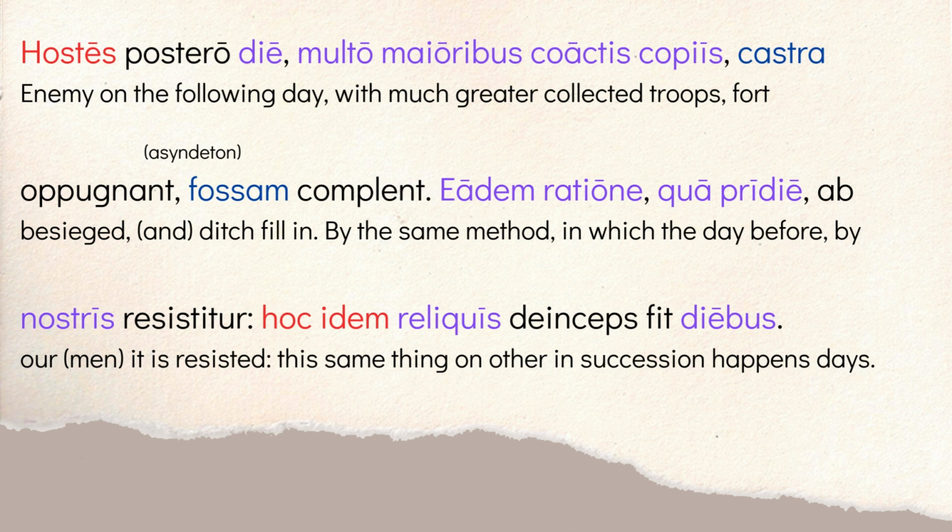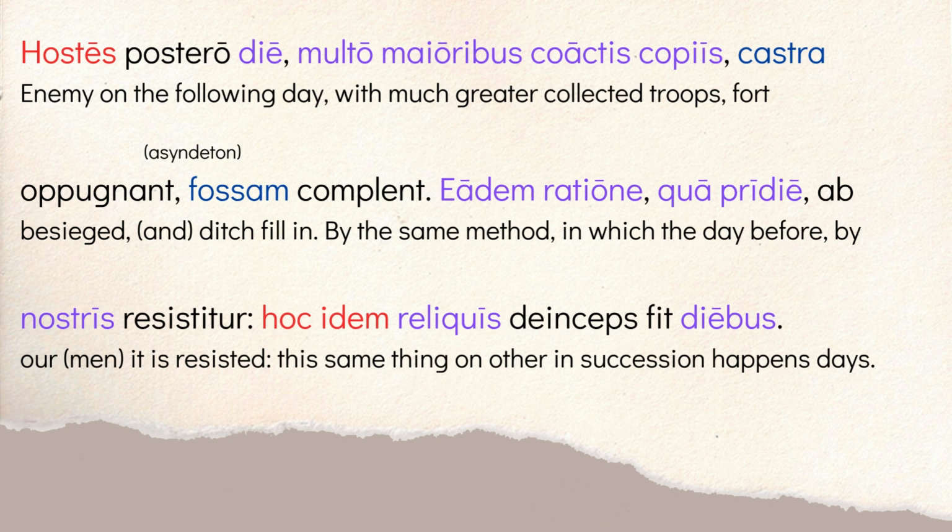So you have to imply, and they complent fossam, they fill in the ditch, okay? Then you have multo maioribus coactis copiis, or the ablative absolute. So it's saying with a much greater force or troops having been collected. So multo maioribus is the much greater, and then you have the copiis coactis, right? So the enemy with much greater troops having been collected besiege the fort.